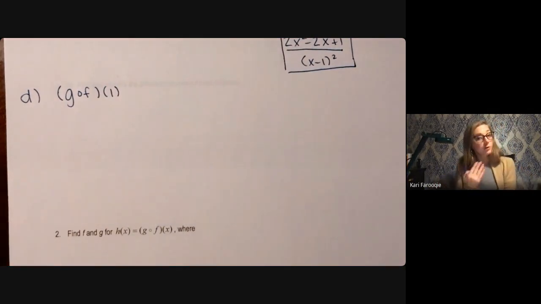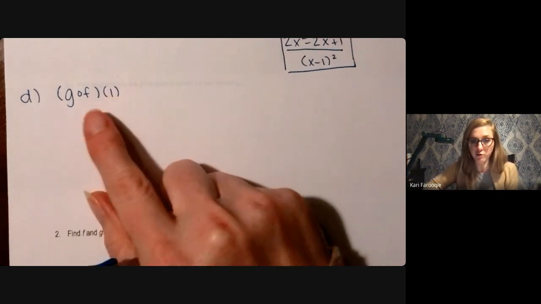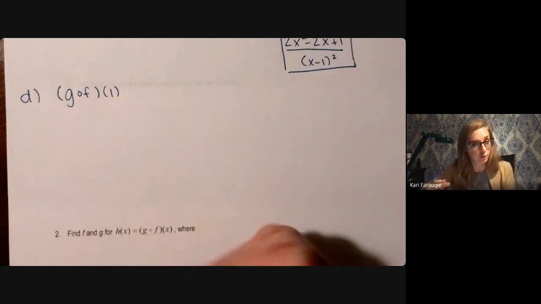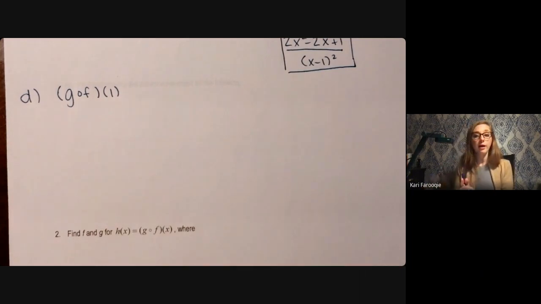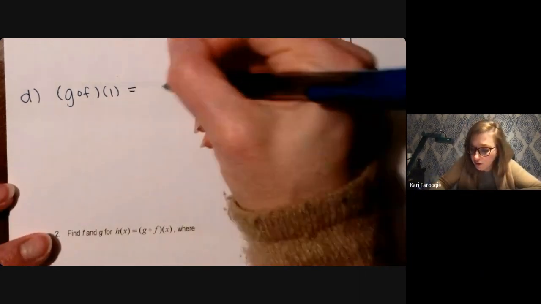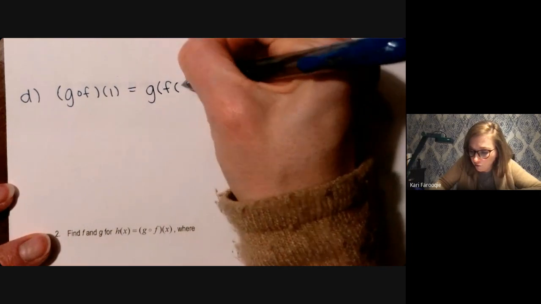Now, if you would like to find G of f of 1, you can always find G of f of x and then evaluate it at 1. But you don't have to. What you're really being asked to find here is G of f of 1.